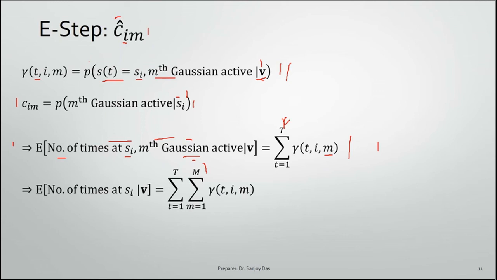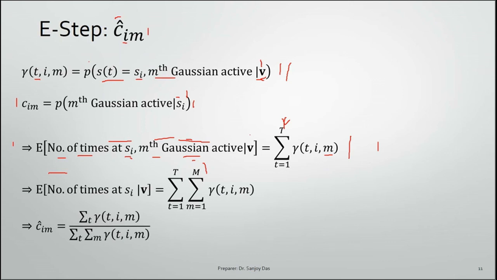So what I have here is the expected number of times at Si given V, and here what I have is the expected number of times at Si and the mth Gaussian being active given V. The only difference is the mth Gaussian being active here.